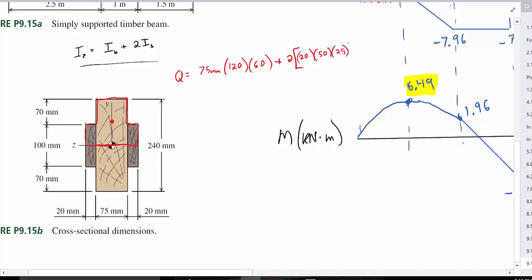Or not Y bar, but Y sub i. So the Q value for the first portion is going to be 590,000 millimeters cubed.